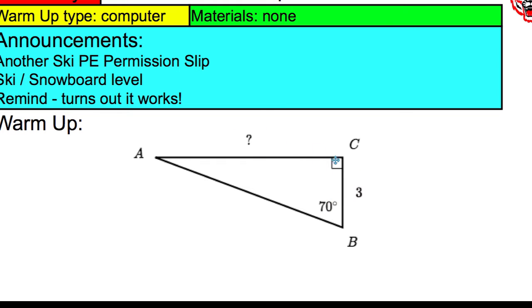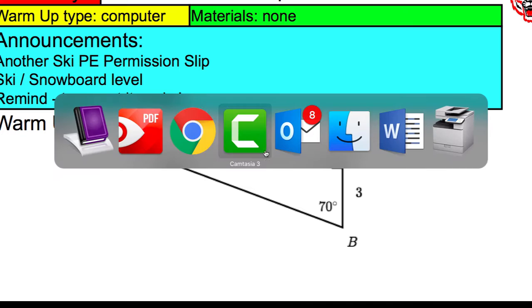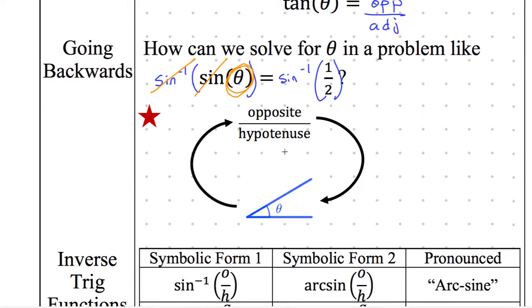We can all nod our heads. We were trying to figure out what this side was. In order to find the side, we had to take sine of this angle to find what that was. So I'm going to write here sine. We had an angle, we took the sine of it, and it gave us the opposite over the hypotenuse.